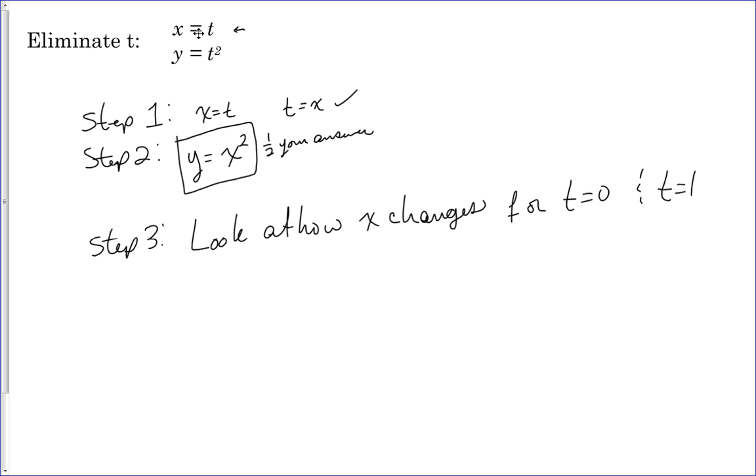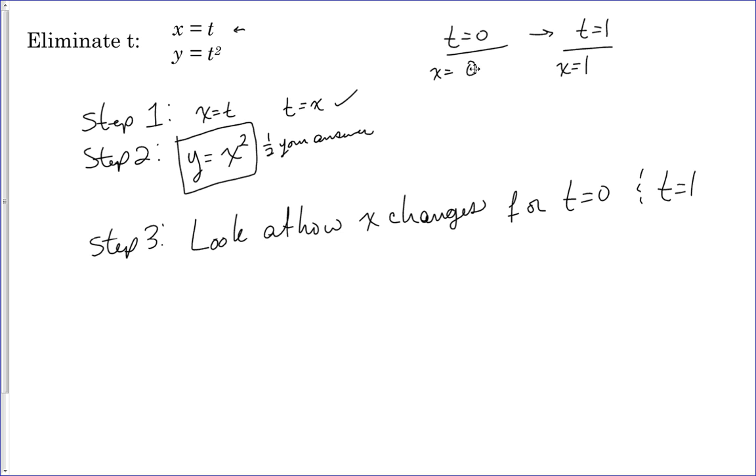And you go back up to your original equation. So for this equation at t equals 0, if we plug in a 0 for t, we get 0. And then we go to t equals 1. If we plug in a 1, of course we get a 1 out as well. So x equals 0 here, x equals 1 here.